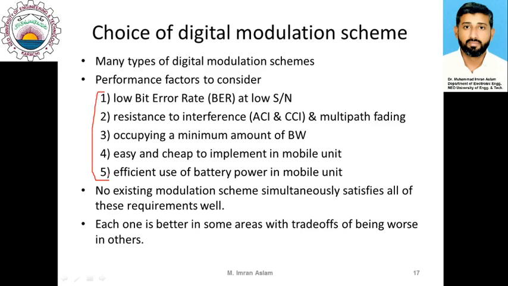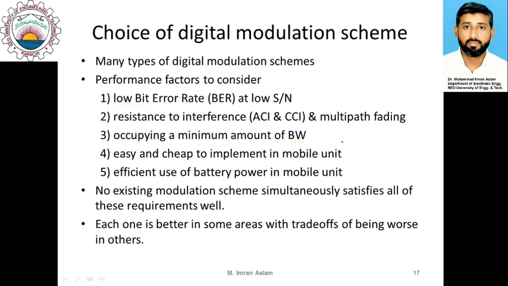If in a certain environment the battery power is critical, we would go for the modulation scheme which is better in battery power performance, although it may have a relatively higher bit error rate, or it may have relatively higher bandwidth, or vice versa. So we need to make a trade-off when we decide which modulation scheme we should use for any type of environment.